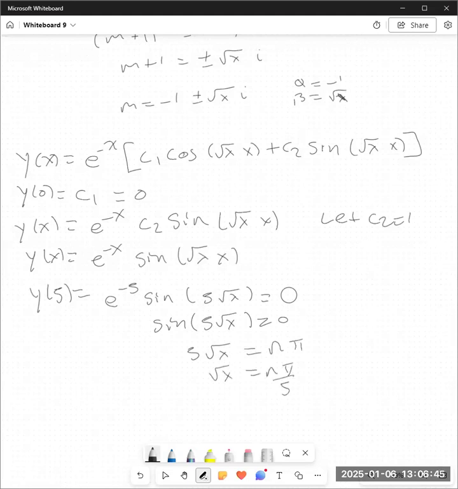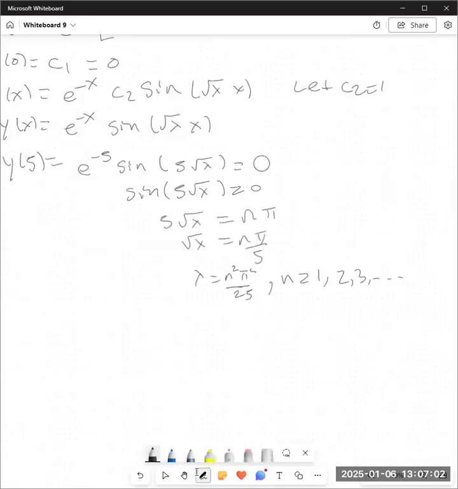I'll need that to make my substitution. That makes lambda equal to n squared pi squared over 25, with n equal to 1, 2, 3, and so forth. And coming back to y of x, y n of x is e to the negative x sine of, and root lambda is n pi over 5, x.